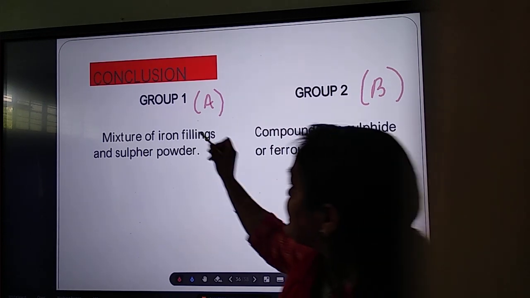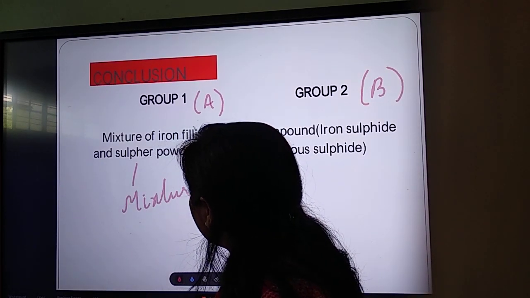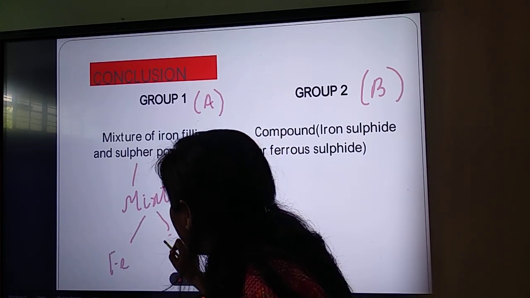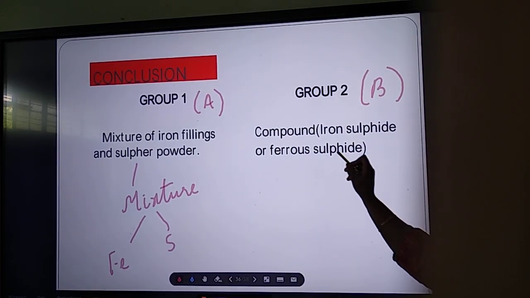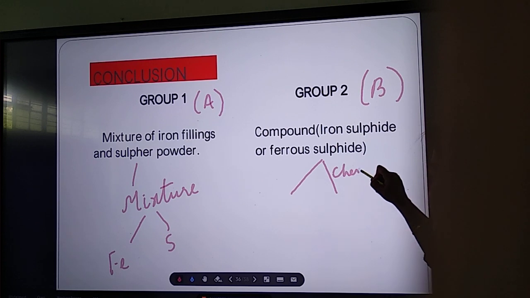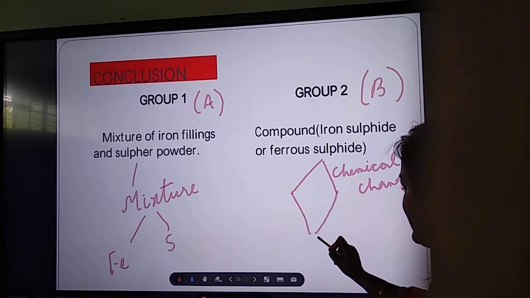In A, only a mixture is formed, and both iron filings and sulfur powder retain their property. They do not lose their property. But in B, a chemical change takes place, and as a result of the chemical change, you get a new substance.